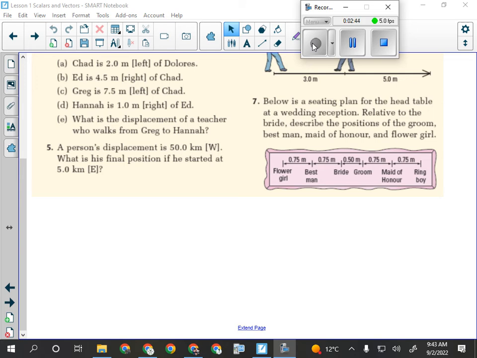All right, so we would just set Dolores down, maybe arbitrarily close to the middle. And then say, all right, Chad is 2 meters left of Dolores. So here's Chad. Ed is 4.5 meters right of Chad, which means he's 2.5 meters right of Dolores.